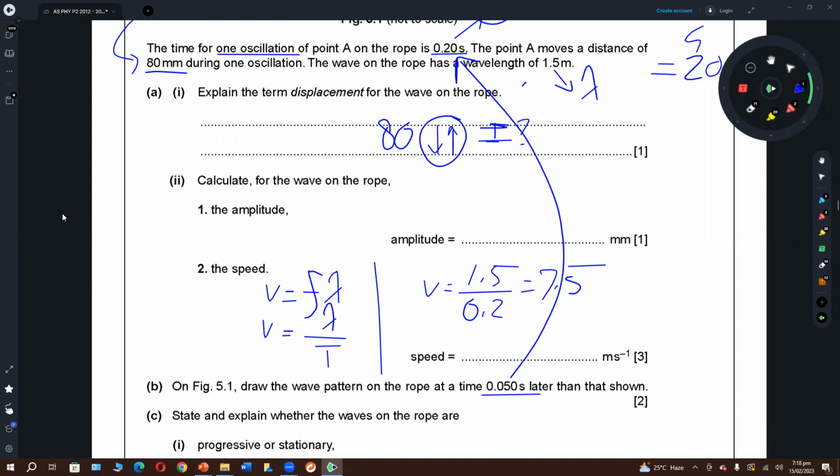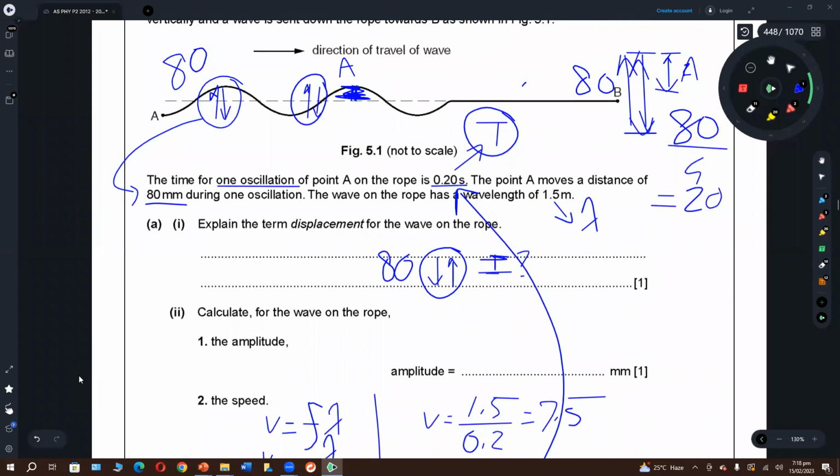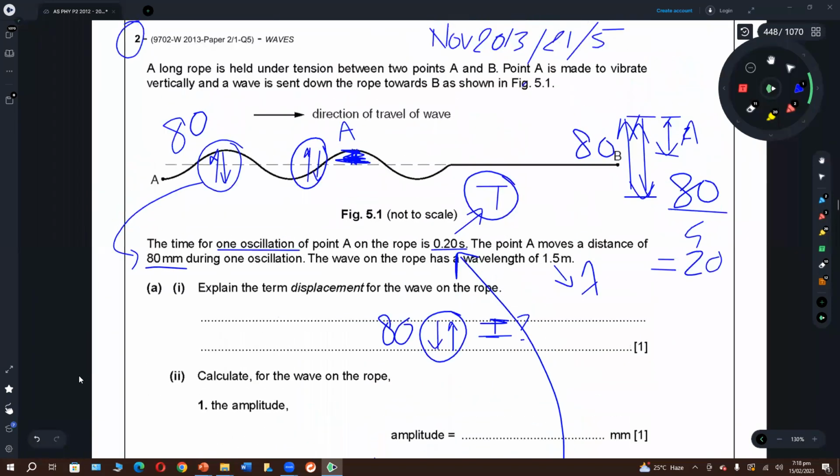So 1/4 portion more will be drawn. You have to move 1/4. Okay, so where am I? Okay, here is the wave.